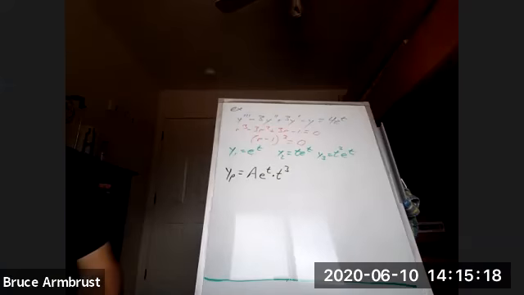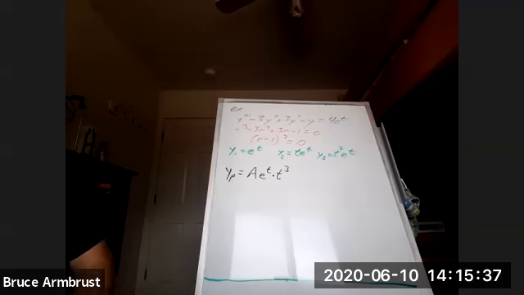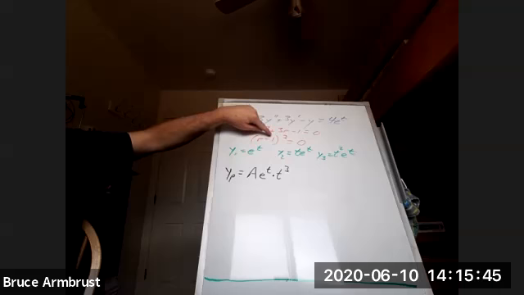I don't know if you remember when I talked about this before, it was really quick in passing, because we only ever had to multiply by t, right? Well, I guess t squared could have been the worst case. But what you want to do when you've got things that are in the fundamental set is multiply by t to the n, where n is the multiplicity of that root.